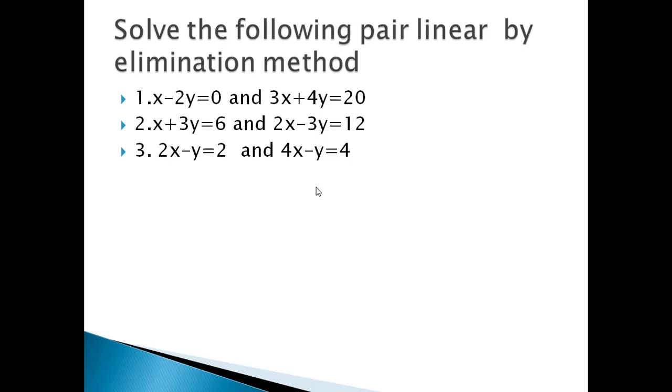So the x value is cancelled, we get the y value, and substituting that y value in equation 1 or equation 2, we get the x value also. For our convenience, do the verification and you can confirm that yes, my answer is right. Okay, so solve this pair of linear equations also.